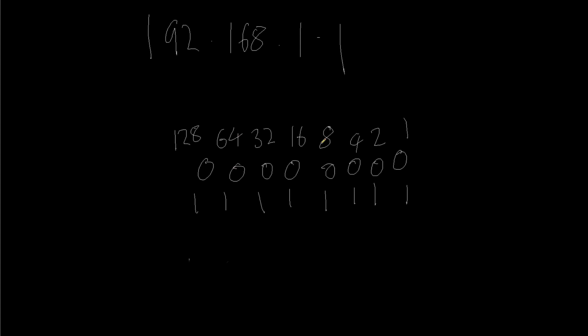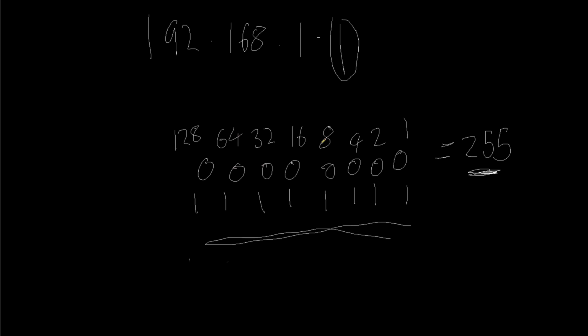Well, what happens if you add all of these numbers together? Well, you get 255. That is the top number you can have. So the top number that can be right here can only be 255. So it's basically 1 to 255. That's the maximum number of computers you can have using 192.168.1.